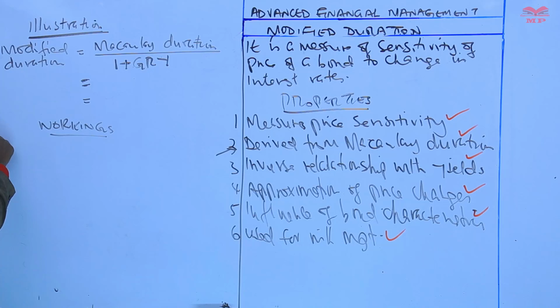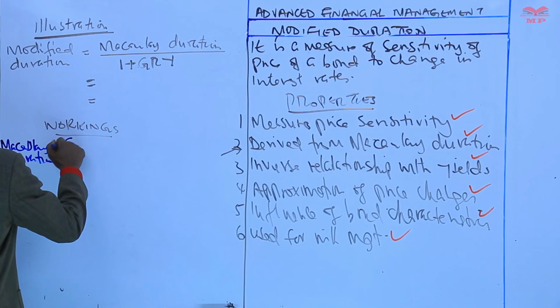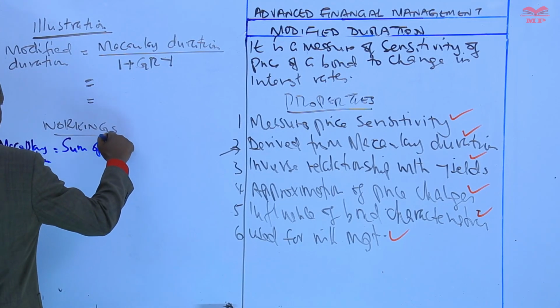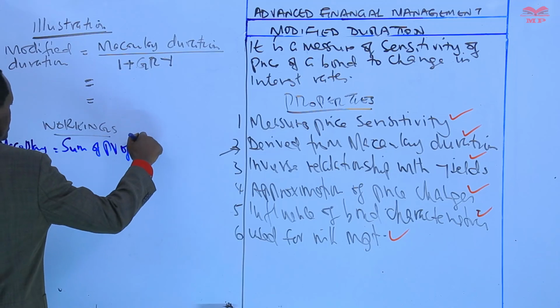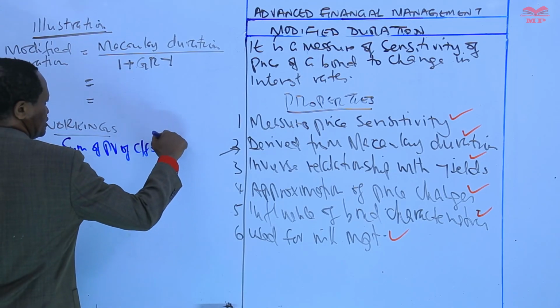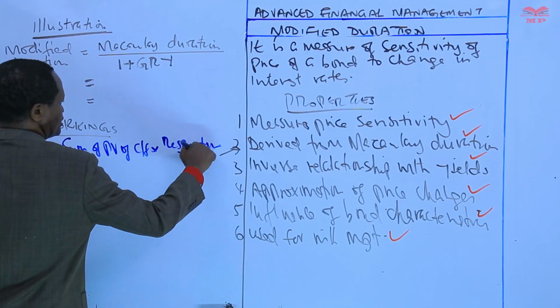So Macaulay duration is equal to the sum of present value of cash flows times respective years.